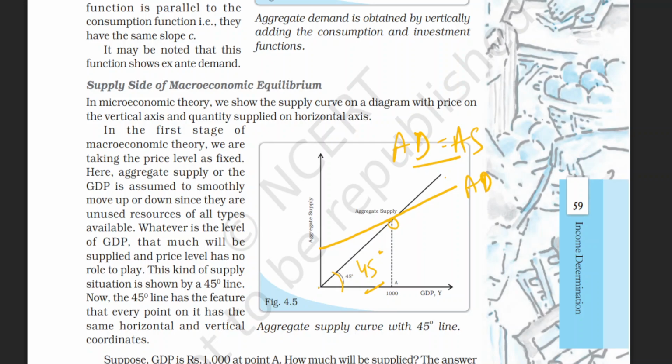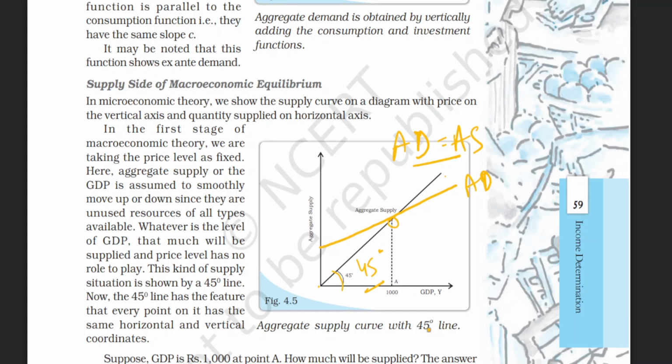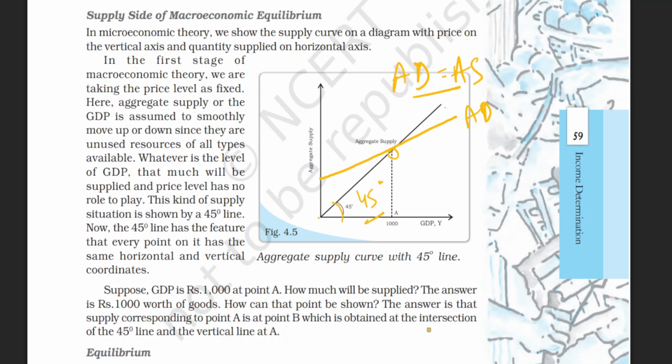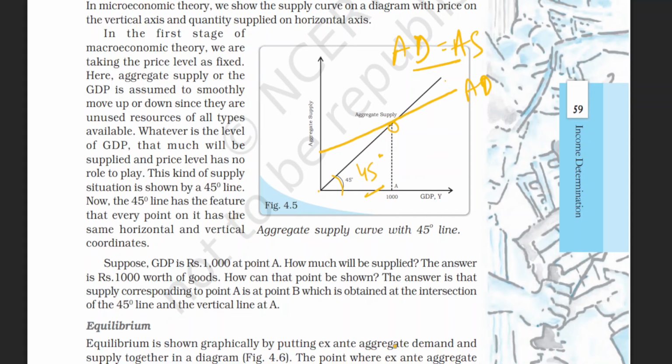That's the only reason we are able to find the AS as a 45-degree line, whose slope is 1. It tells you that whatever the income is, it's equal to the supply in the market. Whatever income is generated in the particular market value, the supply value is the same.